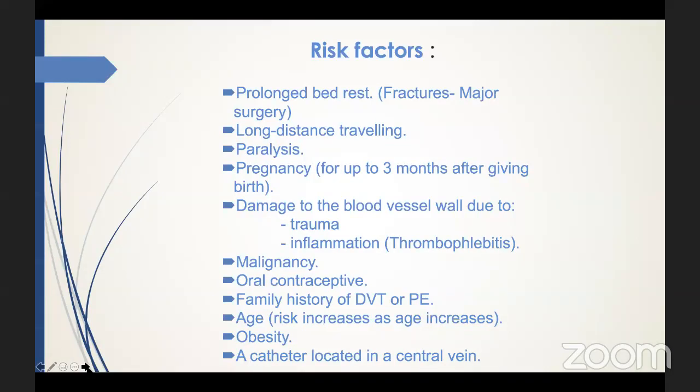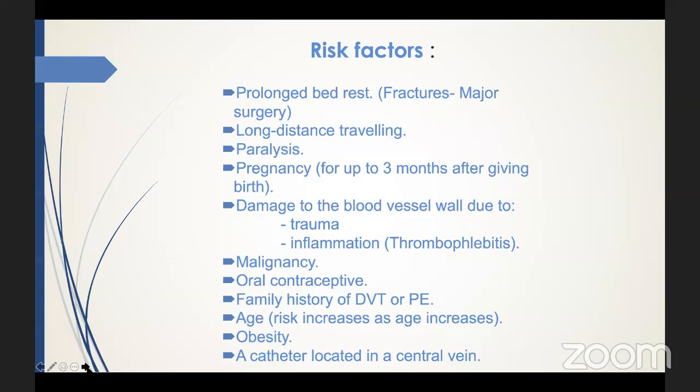Malignancy or any other type of cancer. Oral contraceptives are quite associated, particularly the old versions. Family history of DVT or PE. Age, the risk increases as age increases. Obesity is always an obstacle in front of us and sometimes causes DVT because of the limited movement of those who are obese.